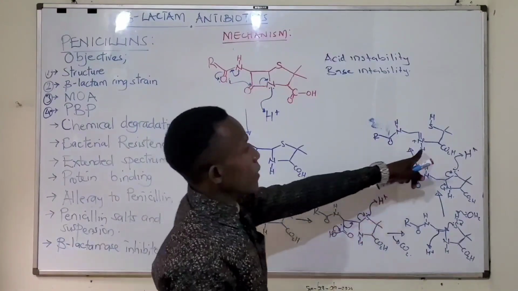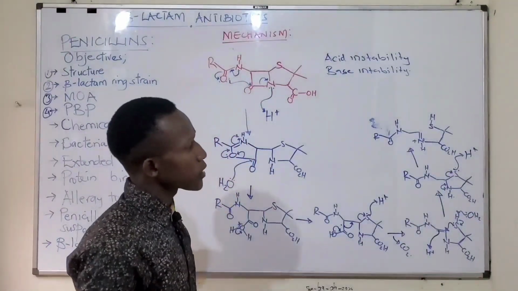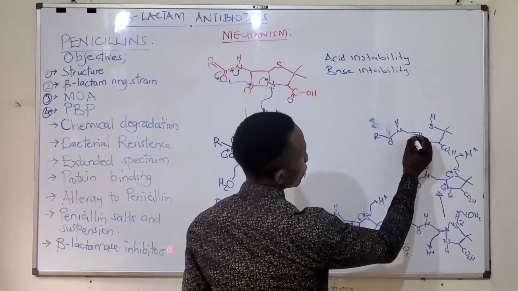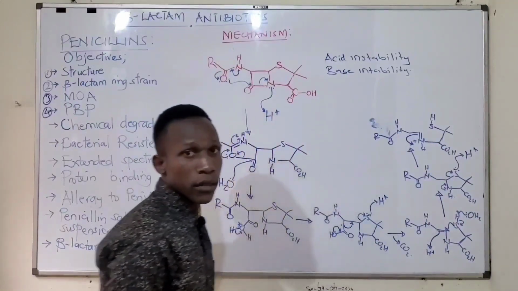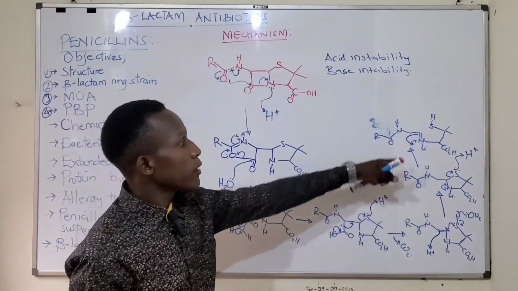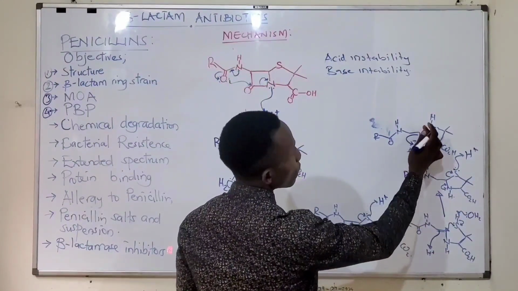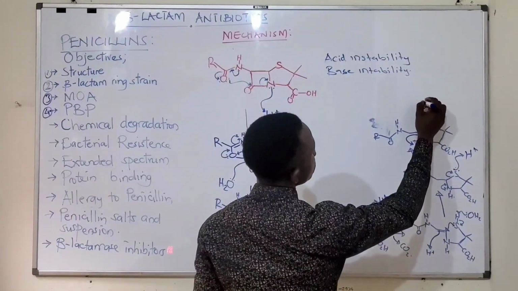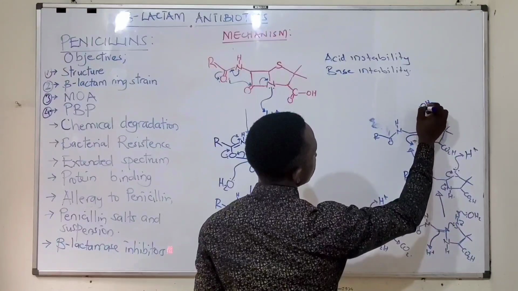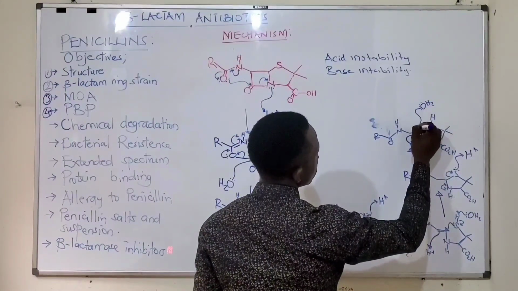So nitrogen is unstable. It will take the bond back. As it takes the bond back, this carbon is left unstable. So water will come and stabilize this carbon.